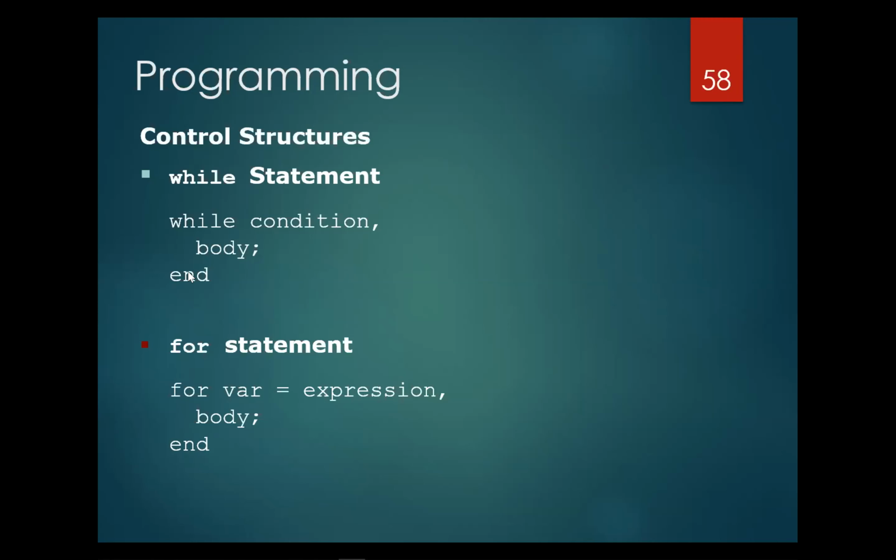It's very straightforward, very simple. While the condition is true, execute this. Then it will come back and execute again, come back and execute. The moment the condition is false, it will jump out of the loop and then continue with other things here.